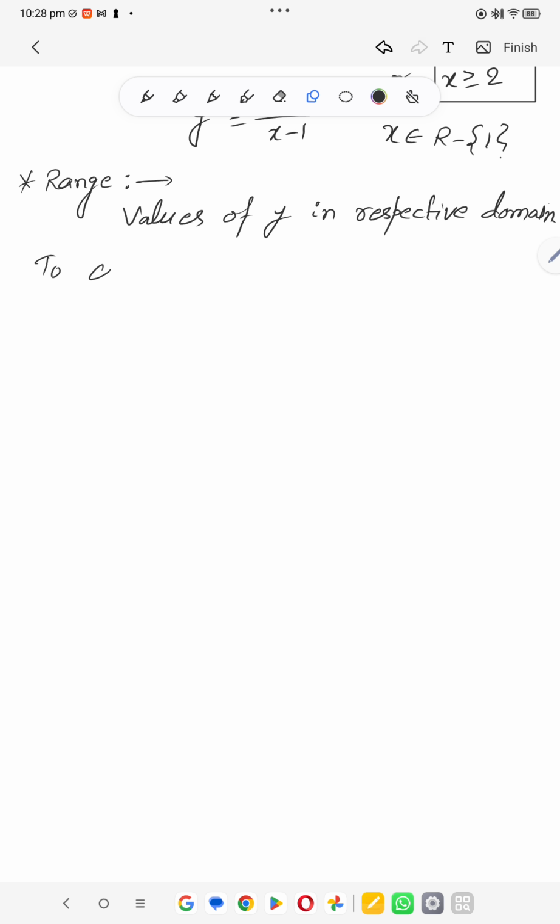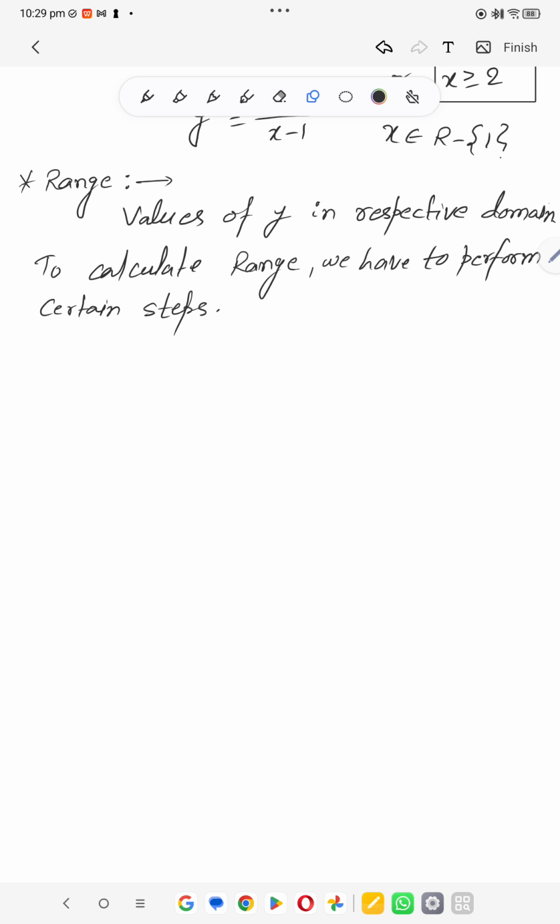To calculate the range, we have to perform certain steps. First step is to express x in terms of y.